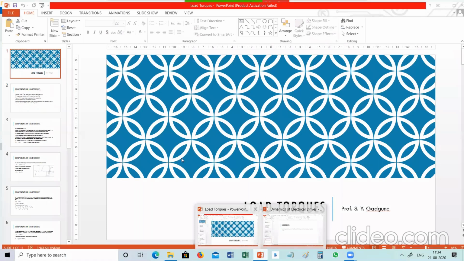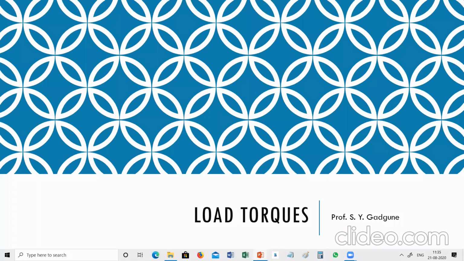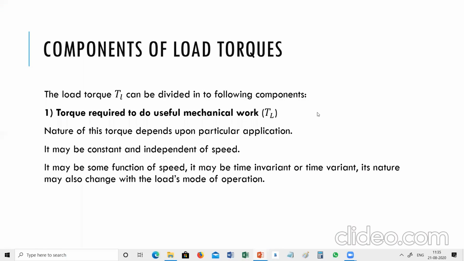Next point is the load torque. I will write the fundamental torque equation again: T is equal to TL plus J d omega m by dt, where TL is nothing but the load torque.